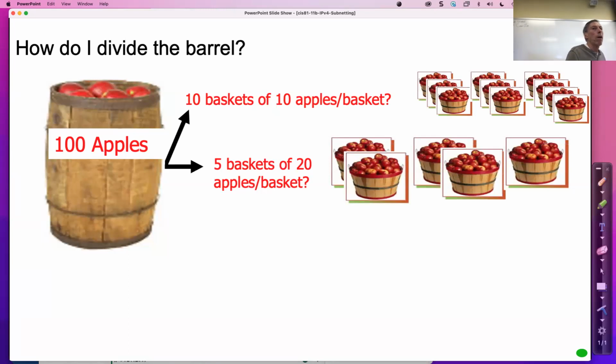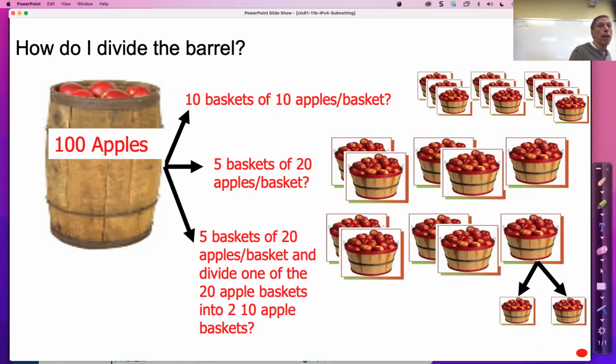But if you want more apples per basket, more host addresses per network, then you're going to have fewer subnets. And like I mentioned, you can take one or more of those baskets, one or more of those subnets, and subnet it further if you want.